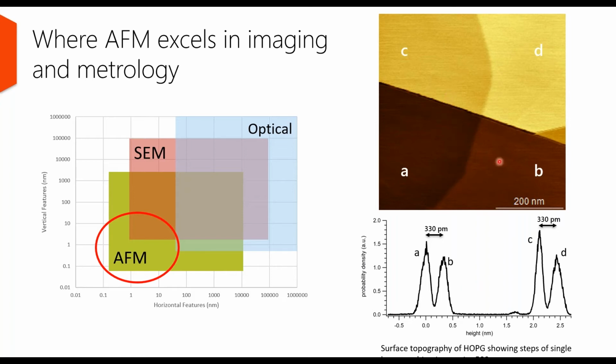But now we can actually see the layers between A and B. There's 330 pm, so 3 angstrom, one atom. We're measuring the height here between A and B and C and D. That gives you an indication of the resolution of AFM and how low it can go.